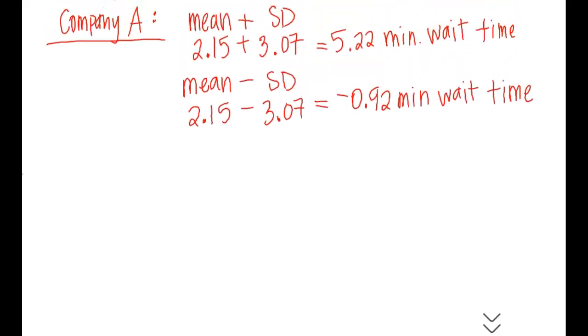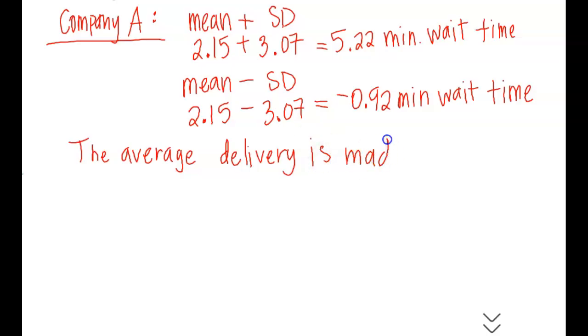Okay, so in other words, let me scroll down. The average delivery is made sometime between, now which one do we want to write down first?